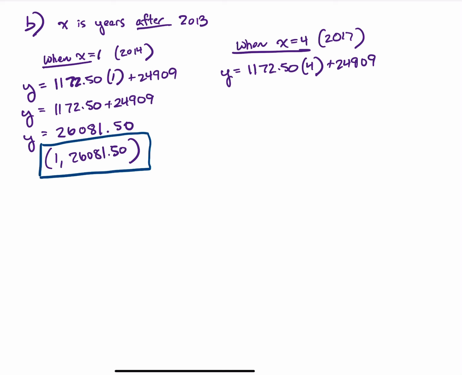So multiplying that out, we should get 4,690 plus 24,909. Then adding those together, should get 29,599. So as a coordinate point, that would be 4, 29,599.